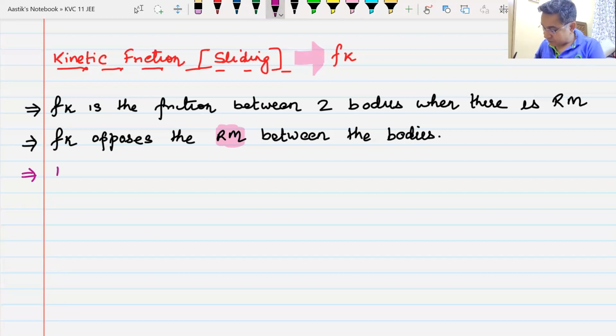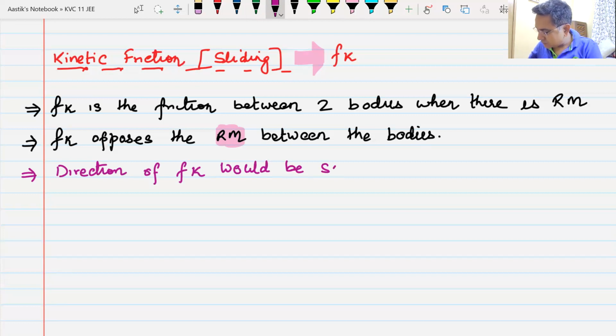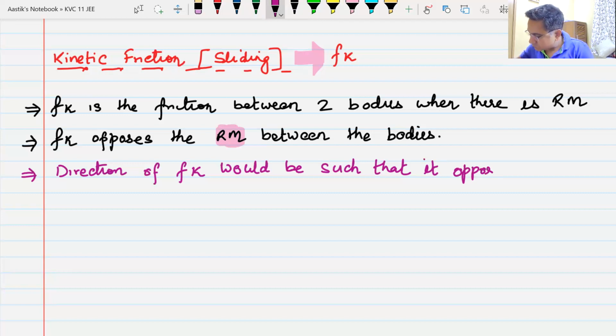So, first of all, the direction of Fk would be such that it opposes the relative motion.